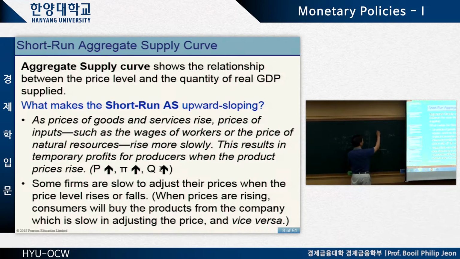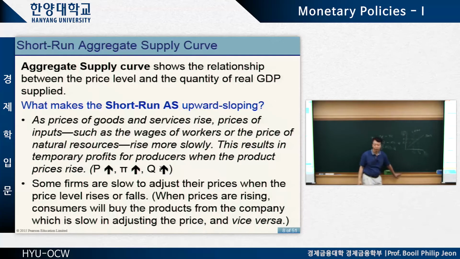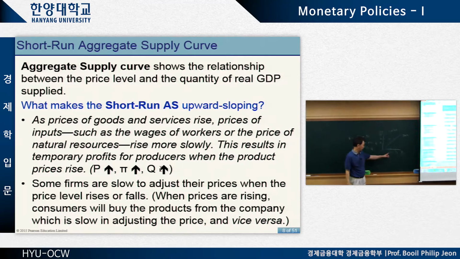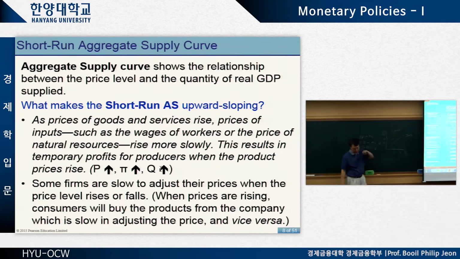In the long run, we're going to have this vertical aggregate supply curve, which means the price may rise, but the output and income will remain the same. That's the idea of long-run aggregate supply.